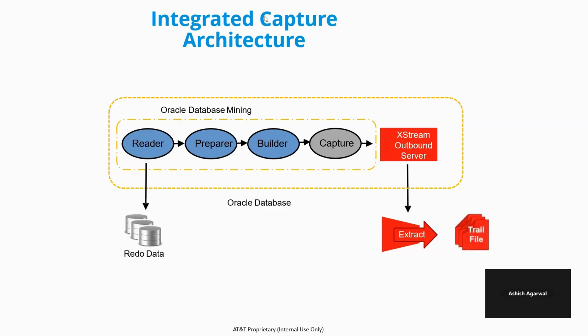So when you create an integrated extract, it establishes the connectivity. So in that case, it creates 4 processes.